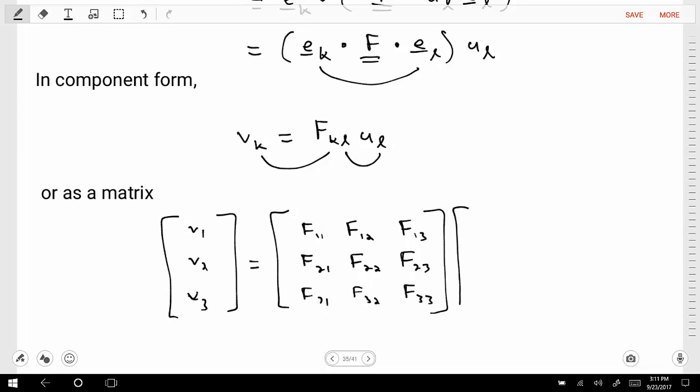And then finally, we have our vector u, which is u1, u2, and u3.